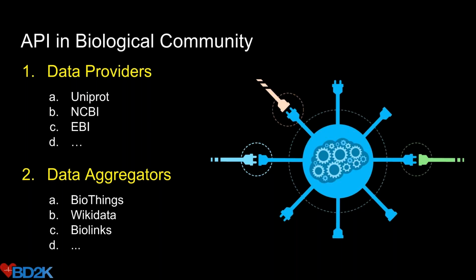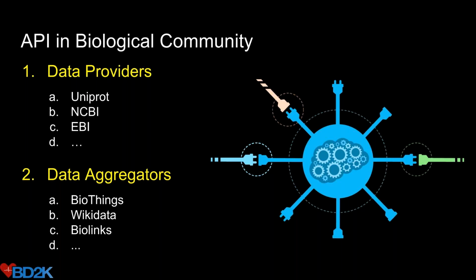Previously, maybe 10 years ago, when people released a database, they normally had a data dump, so people could download a copy either through a CSV file or a SQL database. But right now, we have seen increasing efforts from a lot of biological teams to provide APIs as their data access points. Some examples include major data providers like Uniprot and NCBI.